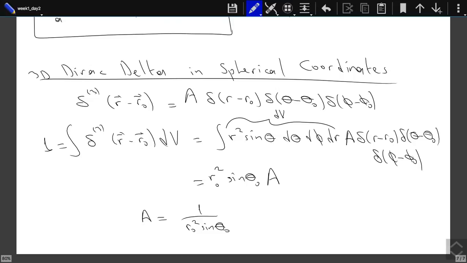You see, the integral of d phi of the Dirac delta is already 1. When you take the integral, nothing remains from the phi integral. But there is an r0 squared that remains from the r integral. So we should cancel that one. So that is why we divide by r0 squared.